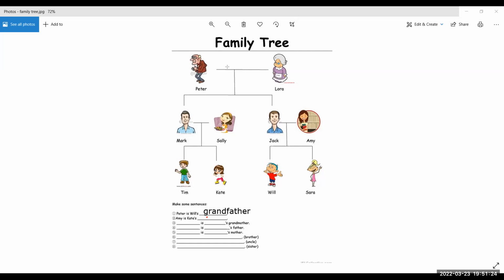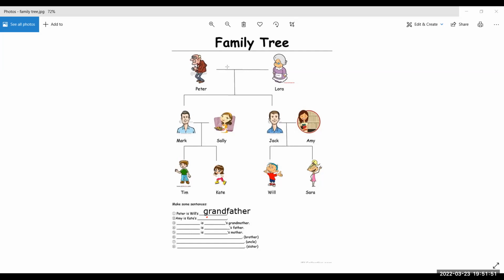Mark is Tim and Kate's father, Jack is Will and Sarah's father. Beautiful. Who is whose mother? Sally is Tim and Kate's mother, and Amy is Will and Sarah's mother.